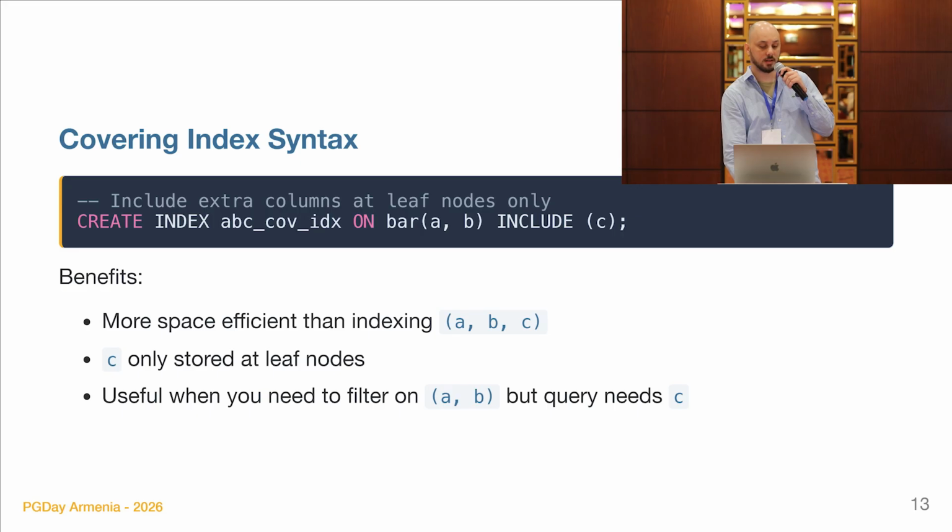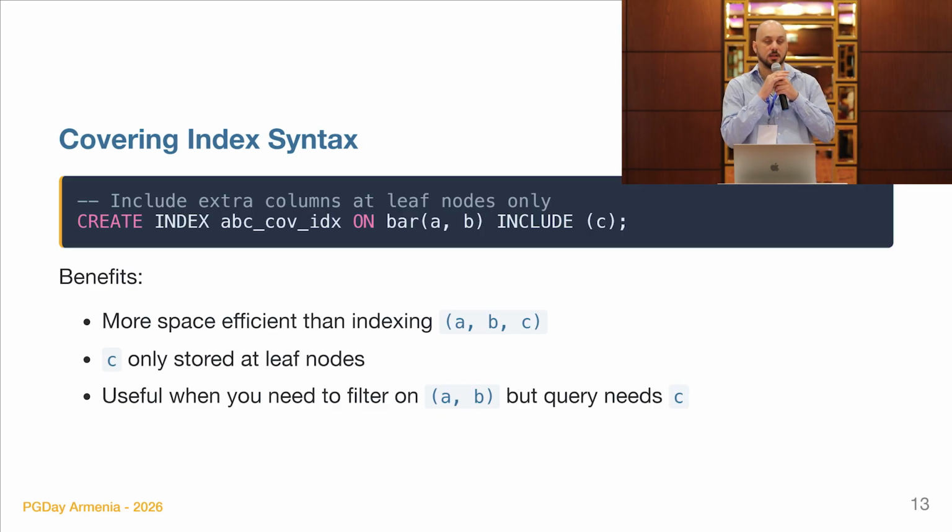We also have covering index syntax. So let's go back to a little bit about how the mechanics of indexes work. When we want to find something, we will look on the index and then go to the heap to find the other values that are not indexed.